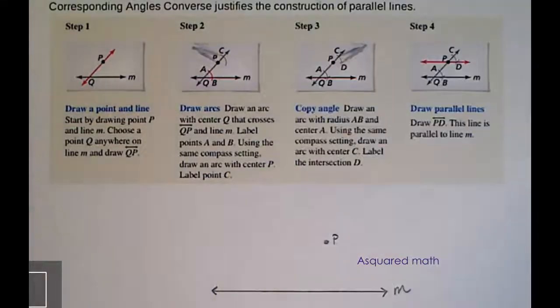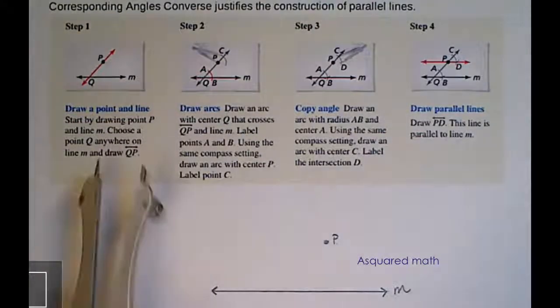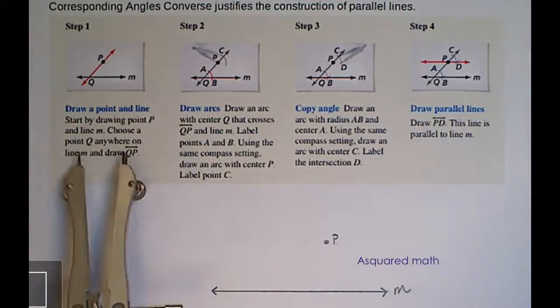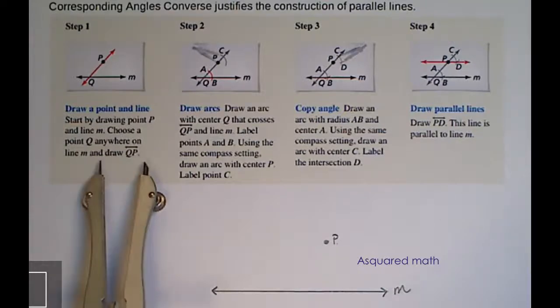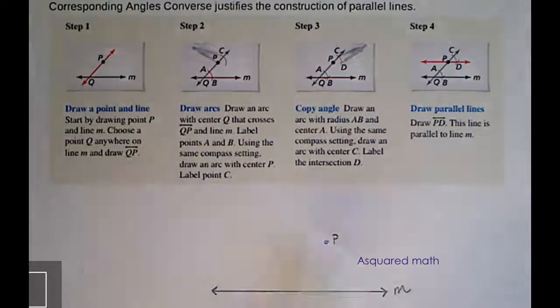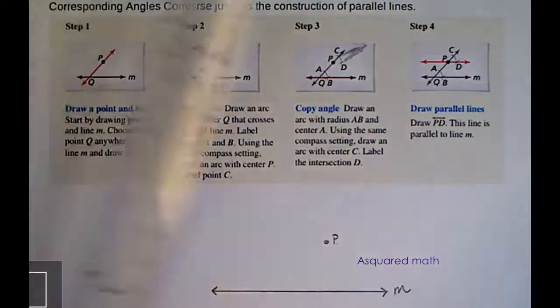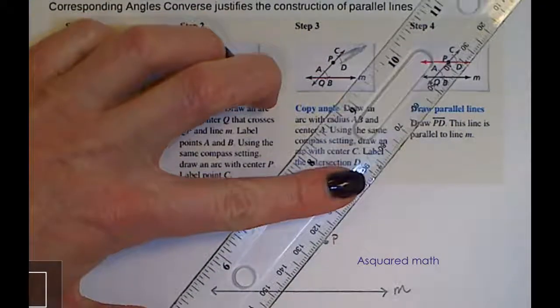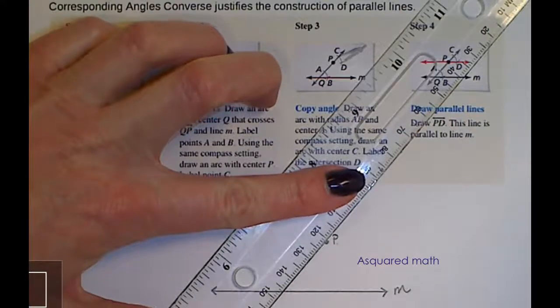But let's read through step 1, which I already did, but it says to start by drawing point P and line M, choose a point Q anywhere on the line, and draw line QP. So I haven't drawn line QP, but essentially what that's saying is we can take our straight edge and connect point P anywhere on the given line that we have.